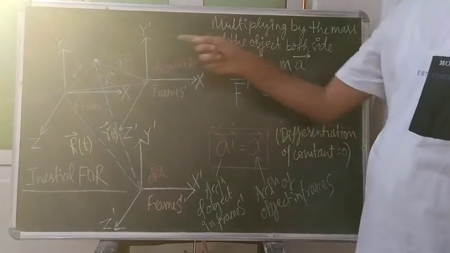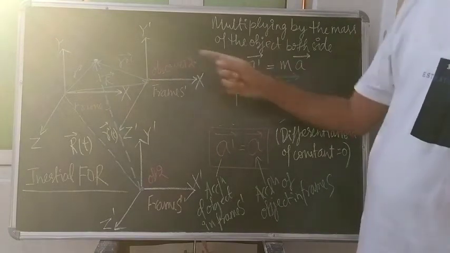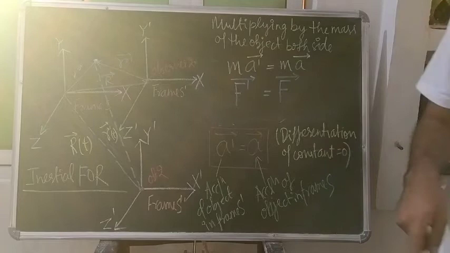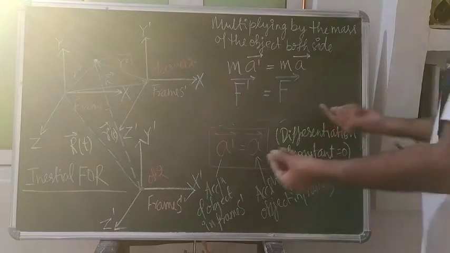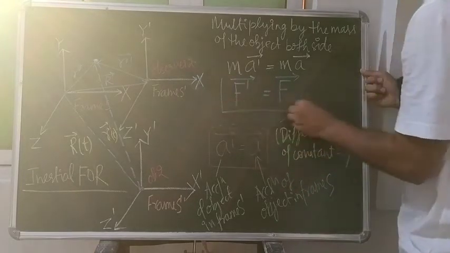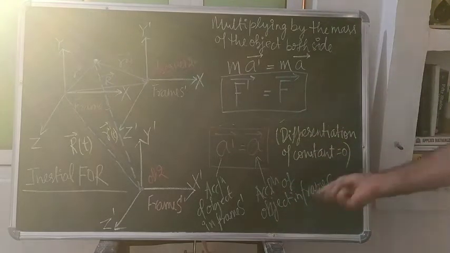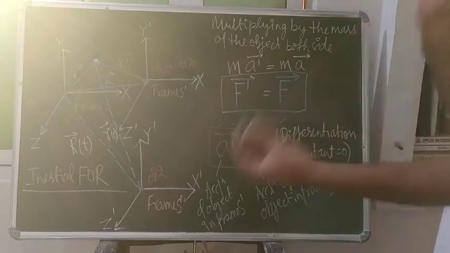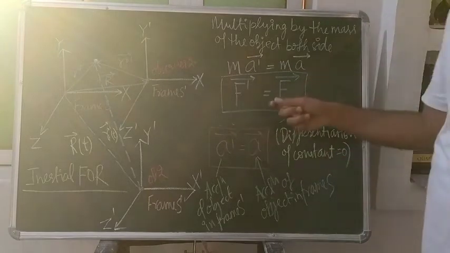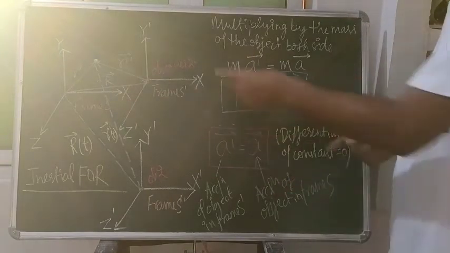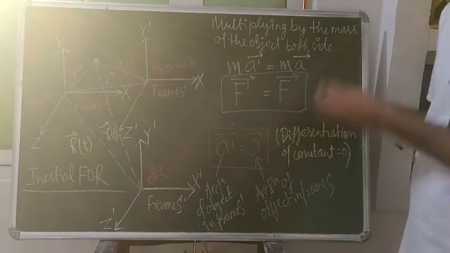It is the force on that object from frame S prime, and it is the force on that object from the frame S. So both are coming identical. Why is it coming identical? Because that acceleration is coming identical. Although our velocity and position were different in frame S and frame S prime, our acceleration and hence the force on that object will be the same, whether we are considering the frame S or frame S prime.